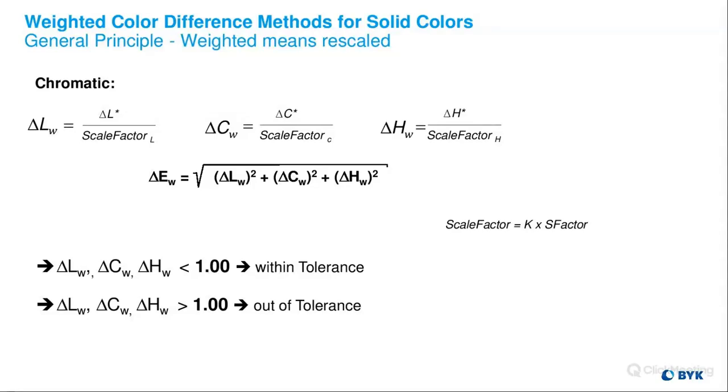But the point of this is that no matter what color it is, because you're using a weighted color system, you're going to use a tolerance of, if it's over 1, it's out of tolerance. So instead of thinking about it as a color system, it's more like the percentage that you're out of your tolerance. If I'm at 1, that means I'm at 100% of my tolerance. If I'm at 1.2, I'm out of my tolerance by 20%.